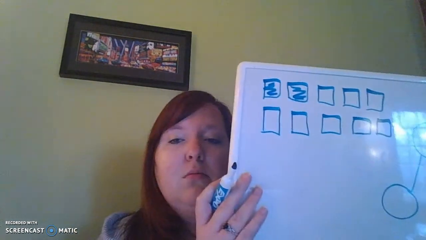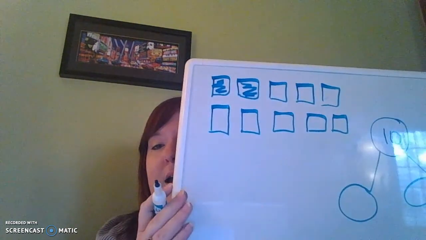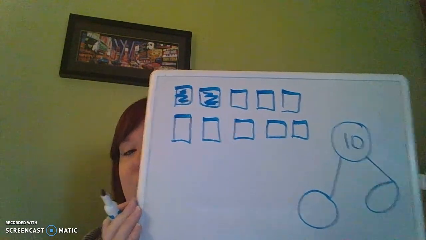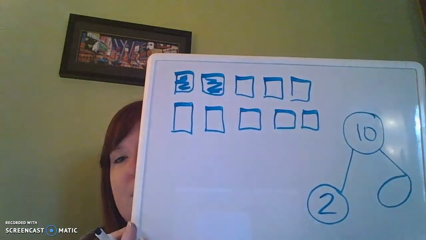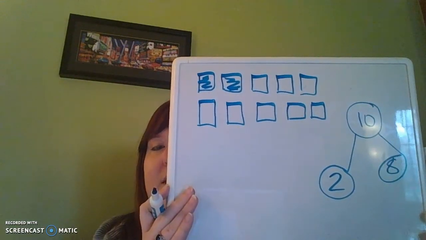What's my whole? 10, because that's how many blocks I have. What's my part? One of my parts is 2, because that's how many blue I have. And what's my other part? 8, because that's how many white I have. So you have 2 and 8 make 10.